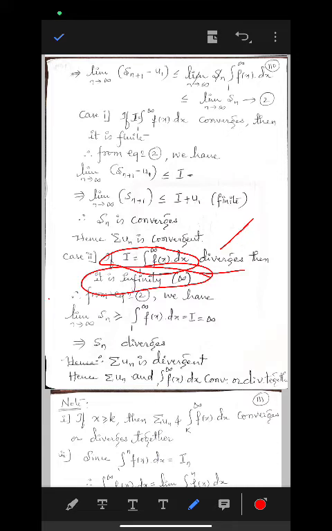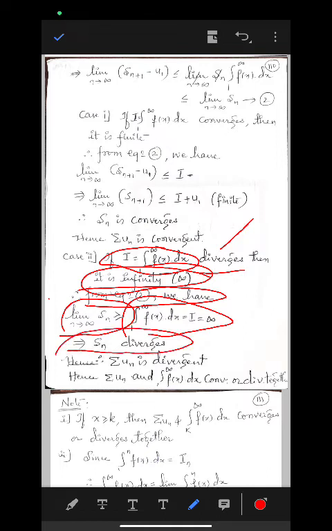So infinity means, from equation 2, we have the limit as n tends to infinity of Sn is greater than or equal to this integral value, obviously. So Sn diverges, and hence I can say that summation un is also divergent.